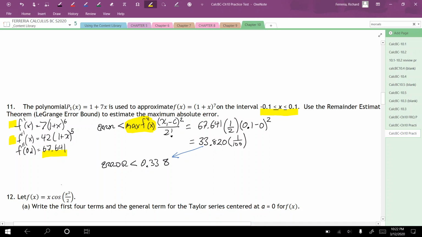So since there is no critical value in our interval, our function is either always increasing or always decreasing. And if it's always increasing or decreasing, then you just need to check the values at -0.1 and +0.1.